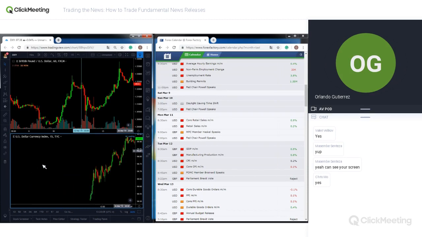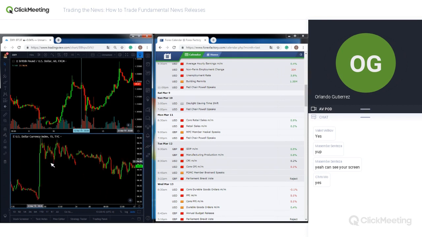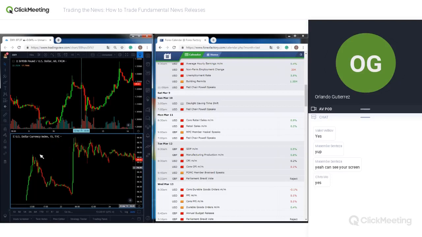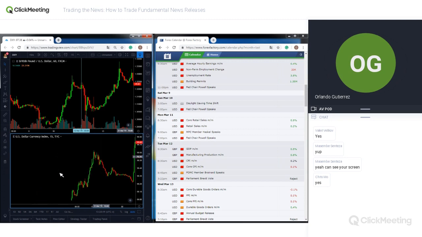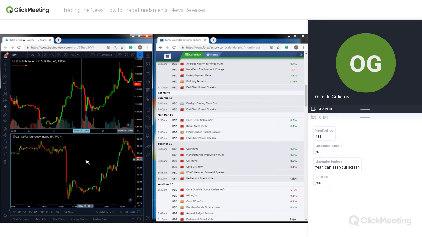Now, let me just go back again to March 12th. Sorry about this, guys, but it is much easier to do this on the MT4, and actually I should have done it on my MT4 platform.